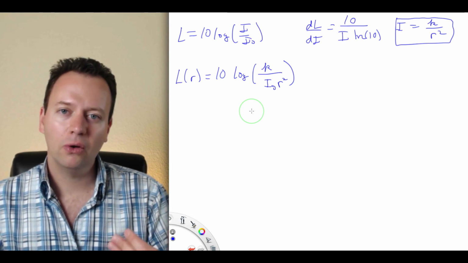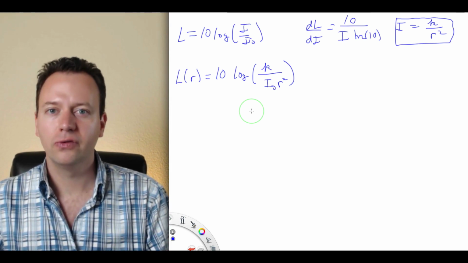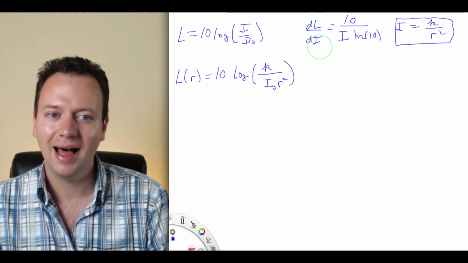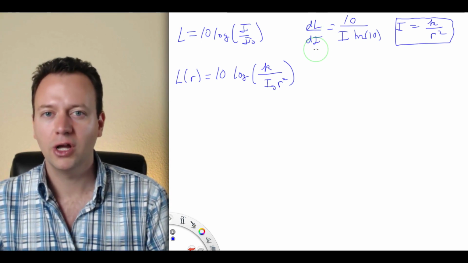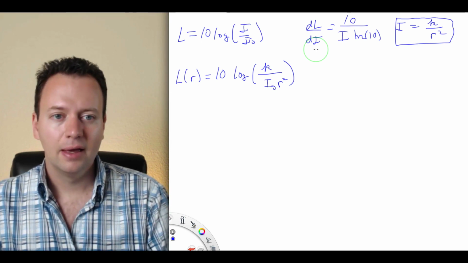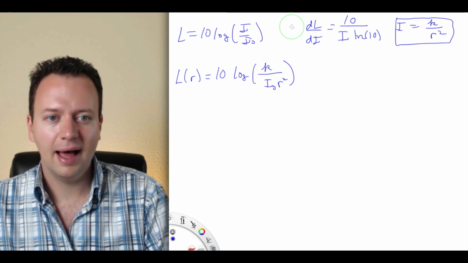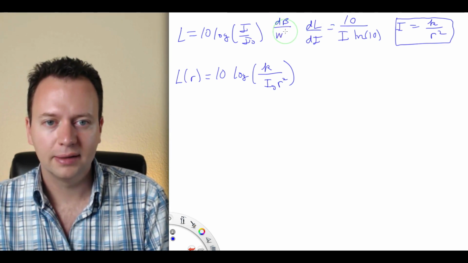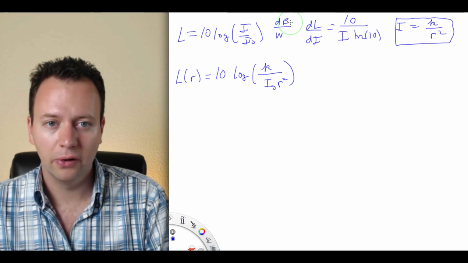So instead of saying, what's the rate of change of the sound level with respect to a change in the intensity, that's dL/dI, we're now saying, what's the rate of change of the sound level in decibels with respect to distance? And also note that dL/dI has units of decibels per watt, and then I is watts per square meter.